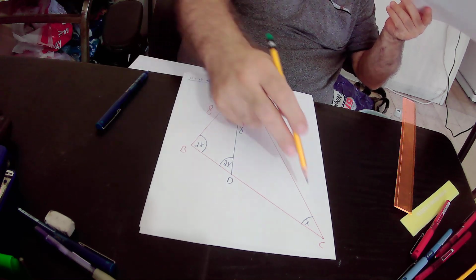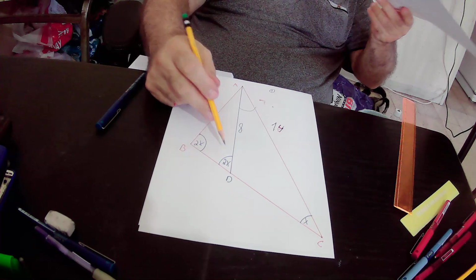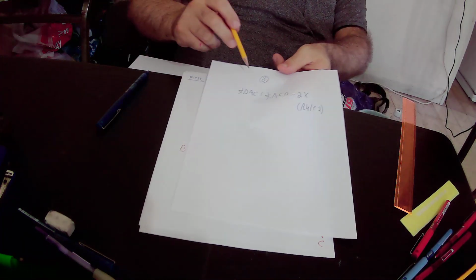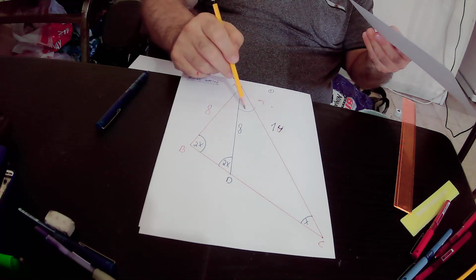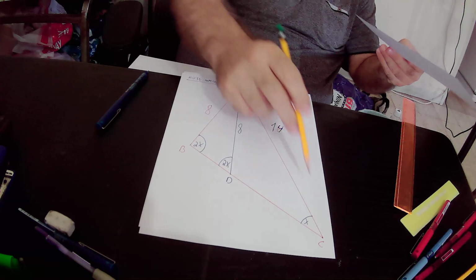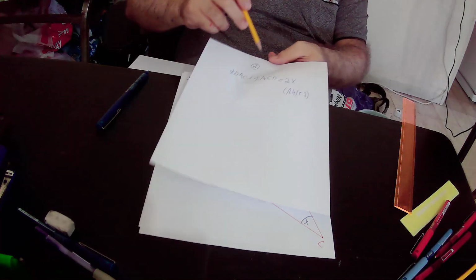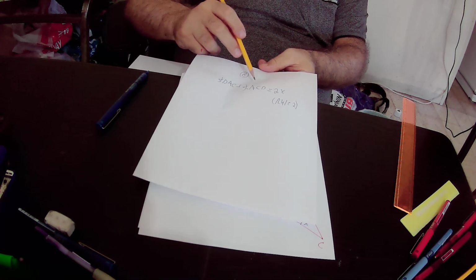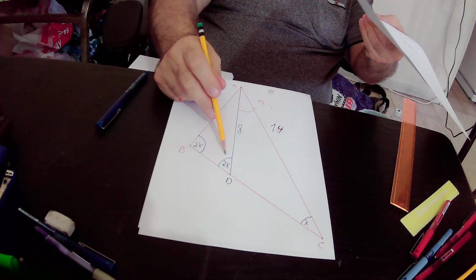So the sum of those two interior angles is angle DAC, this angle, plus angle ACD, this angle, and will be equal to the exterior angle, that is angle 2x.